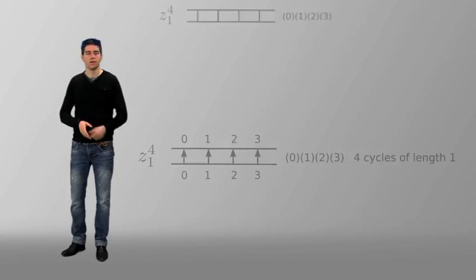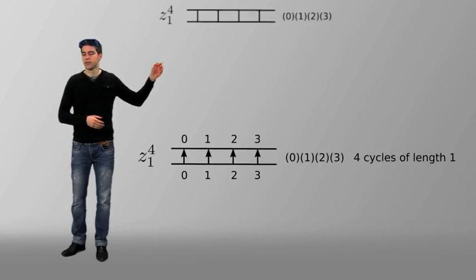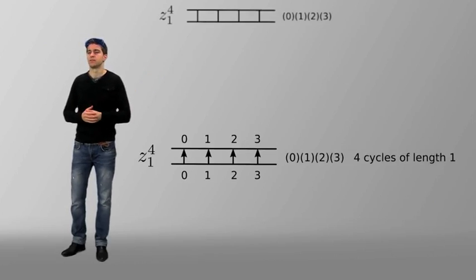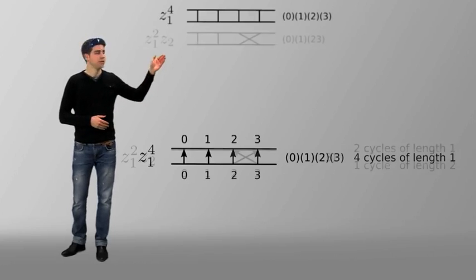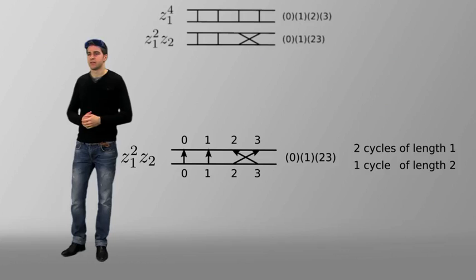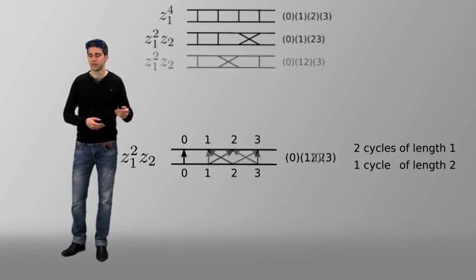Let us be a bit more general and give a weight z_1 to each cycle of length 1, a weight z_2 to each cycle of length 2, and so on. So this permutation on the top has the weight z_1 to the 4th. This permutation has the weight z_1 squared times z_2, and so on.